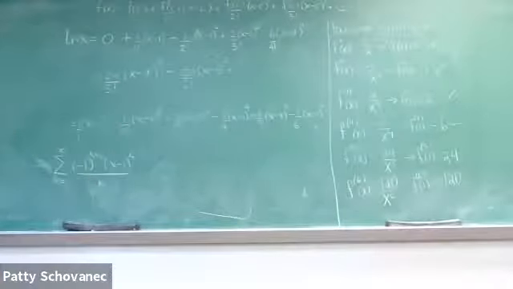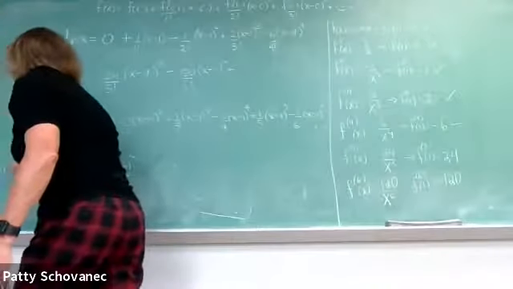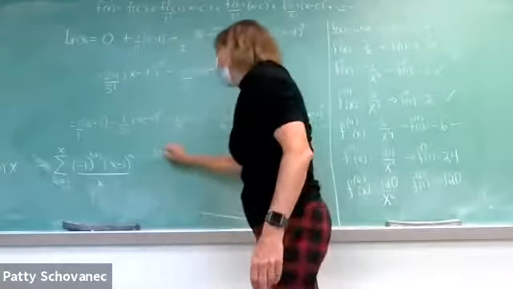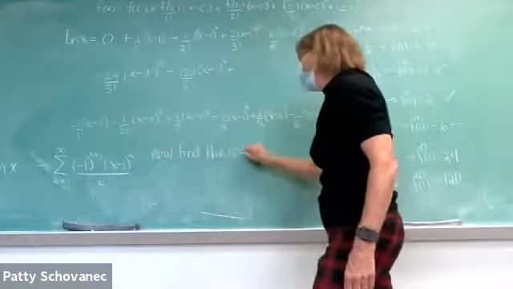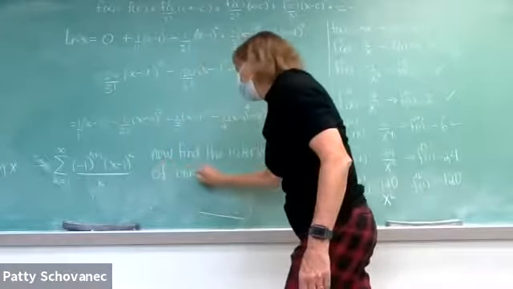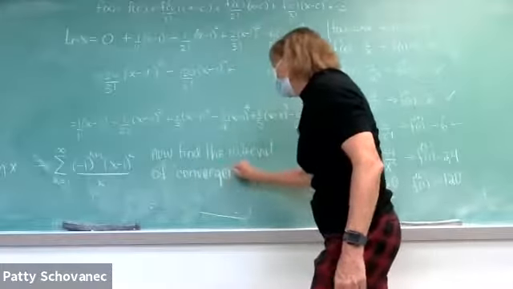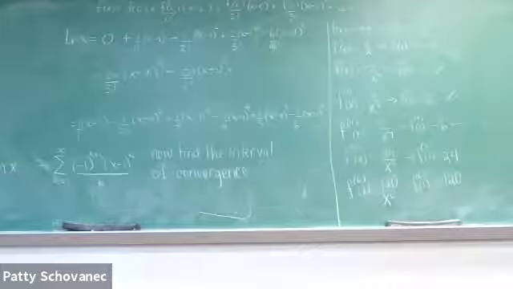So the reason I wrote it like that is because I now want you to tell me what the interval of convergence is. Do the ratio test and find the interval of convergence. You're going to put it in absolute value bars, so you can go ahead and blow off the -1 to the k plus 1.